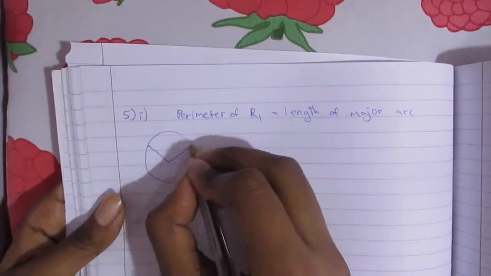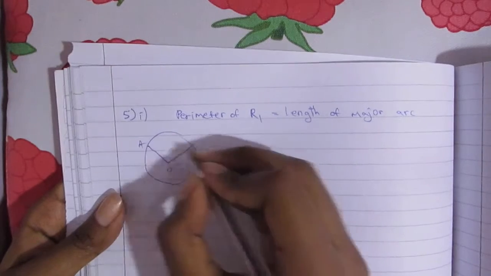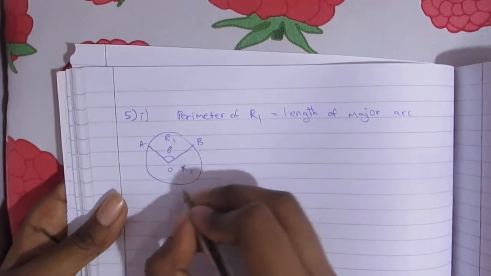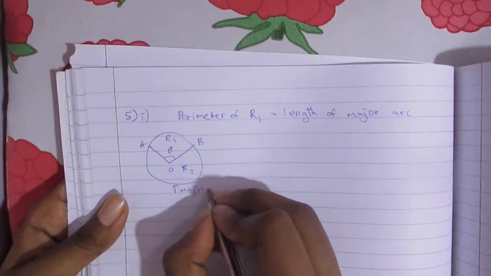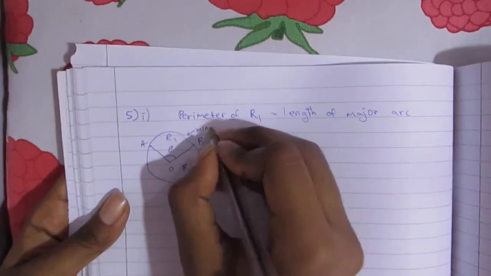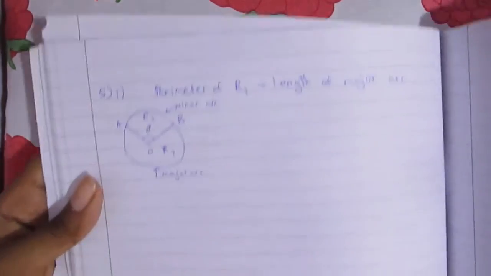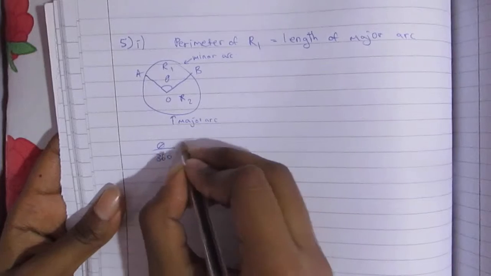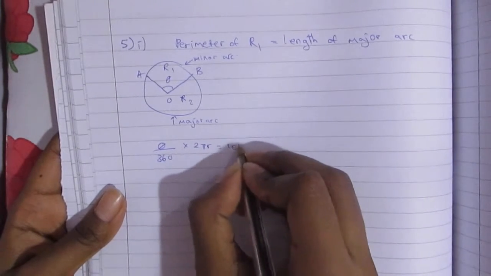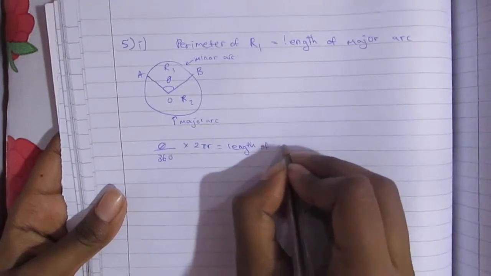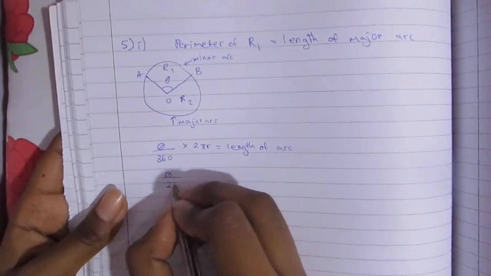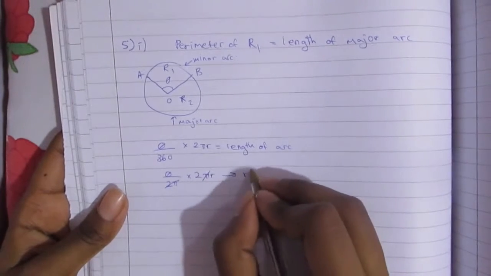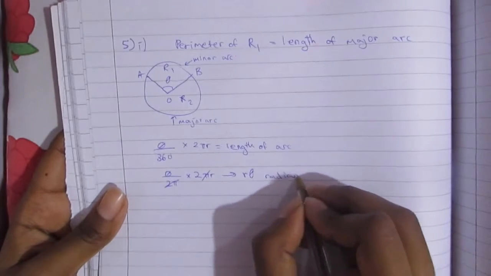Anyway, so we have the circle. I'll just draw it out for you guys. Okay, so you know how we've taken this in IGCSE where theta over 360 times 2 pi r equals the length of the arc, and 360 is the same as 2 pi, so theta over 2 pi times 2 pi r, and you're just going to simplify that, cross out the 2 pi here and the 2 pi there, so the answer is just r theta, which is the radius times the angle.